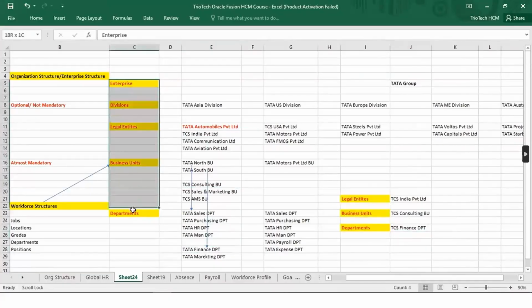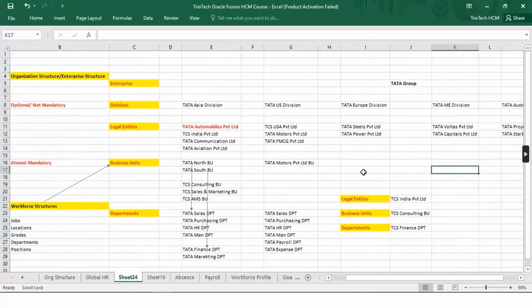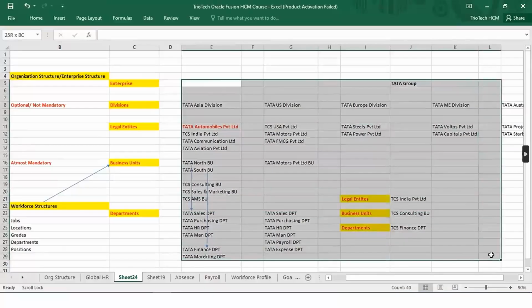We have to use all this data because we configured all our client organizations for this purpose: in which legal entity we are hiring, under that legal entity in which business unit, and in that BU in which department. So this is our point of configuration when we go for an implementation project, to define all our client's organization. Now, the question might be coming to many of you.